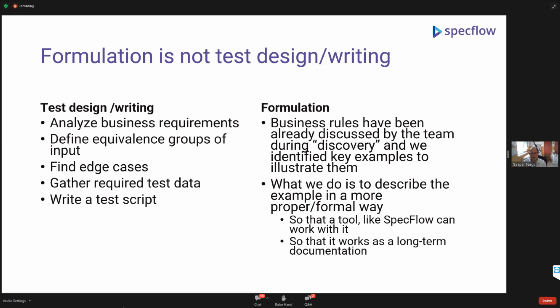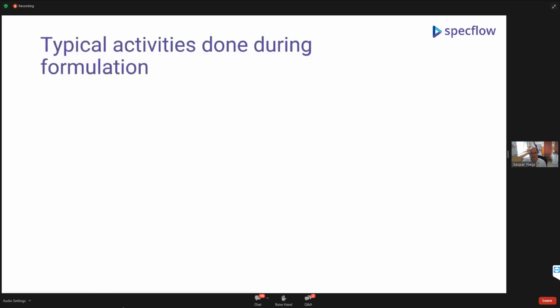Okay, so again, just to give you some feeling, I was trying to collect some typical tasks, typical activities that you do during a formulation session. Hopefully you remember that yesterday we said that formulating scenarios alone is not really good. If you are doing it alone, then it's very easy to get on the wrong track. So typically formulation is a collaborative activity, but at the same time, it doesn't make sense to formulate with too big a group.